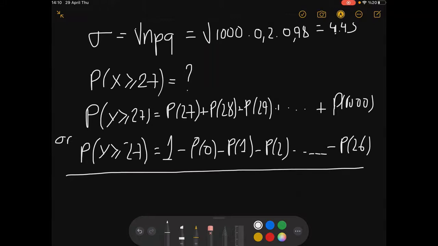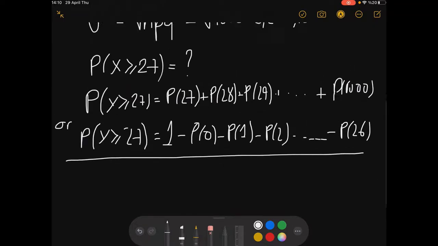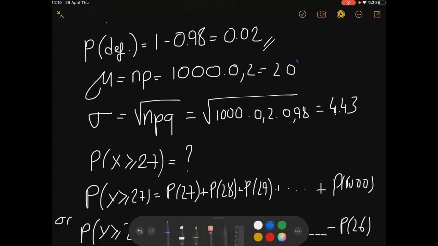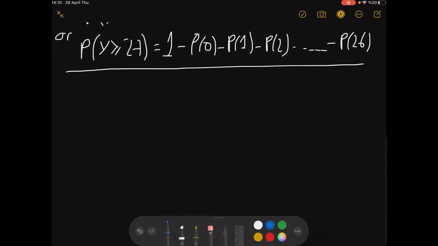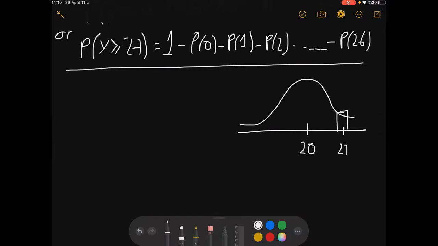Now, as you see that we have to use normal approach to solve this problem, right? So let's do something here. Since you're expecting mu around 20 here, what you will have here is something like this. So mu is 20, and you're trying to calculate something more than 27 here, right?